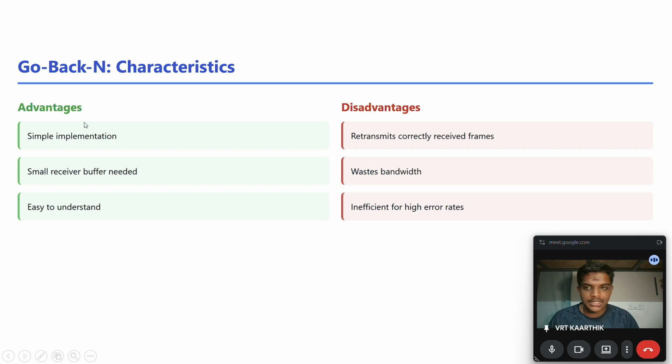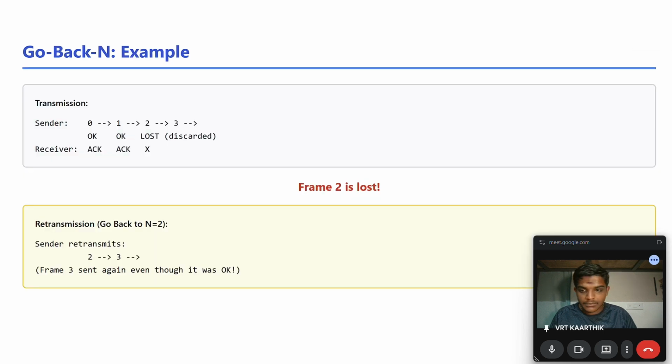The advantages of Go-Back-N are that it is easy and simple to implement, and it needs only a small buffer. It is easy to understand as well. But the disadvantage is that it retransmits correctly received frames also. For example, the third frame was okay, but before it the second frame was lost.